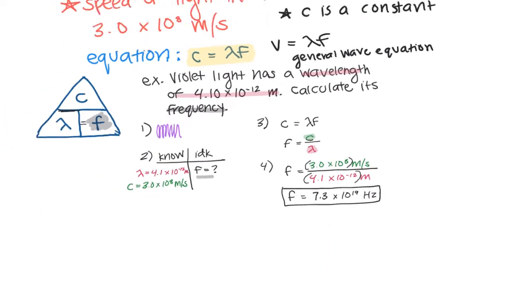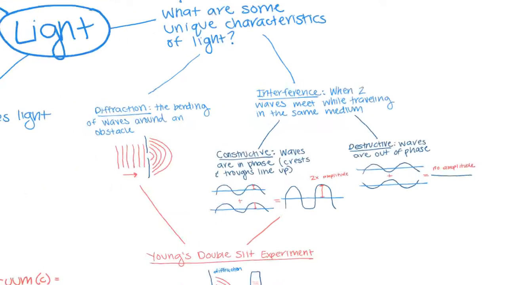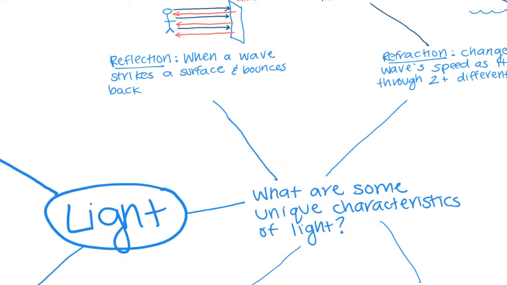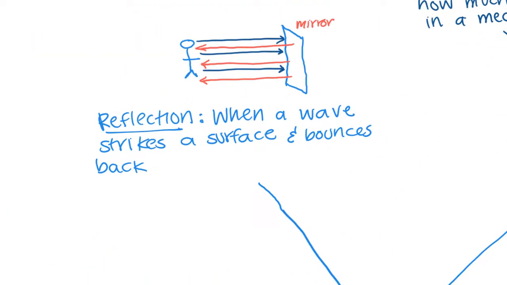All right, moving on to a couple other unique characteristics of light. While these are all things that can happen to all different types of waves, they're easier to see when we use the example of light. So again, all waves can demonstrate reflection, but this is most often seen in the context of light. The first really cool characteristic of waves, and in particular light, is that they are able to reflect.